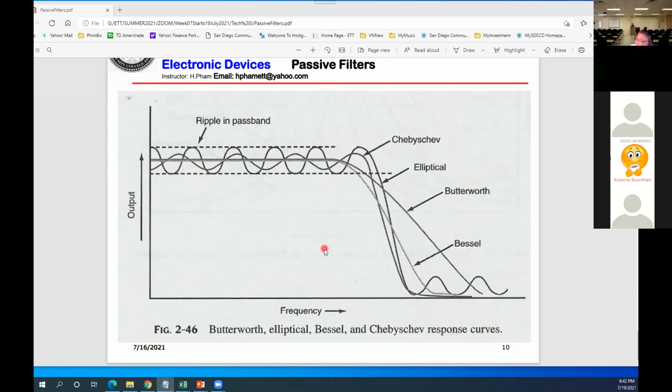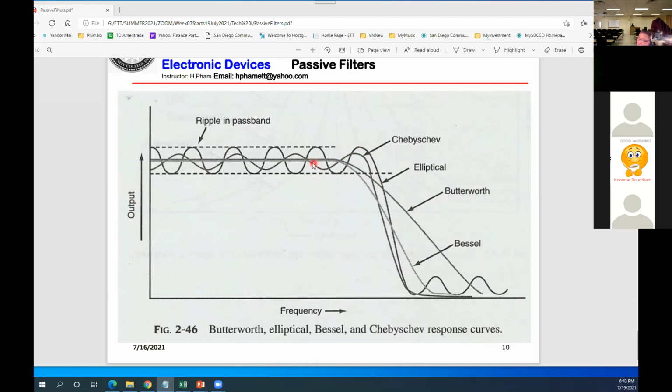The Bessel. Which one do you see as the best one? Now you see Chebyshev right here. It is very good for the cutoff, very close to the ideal. However, it has a problem: too much noise.